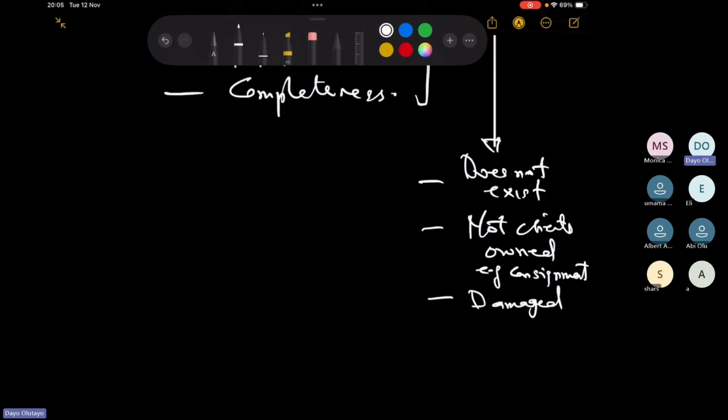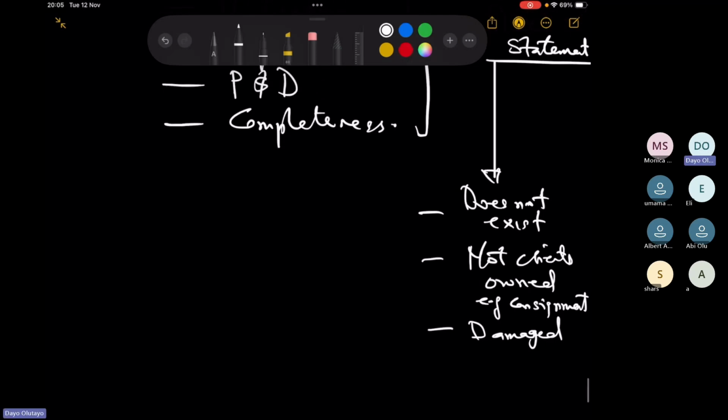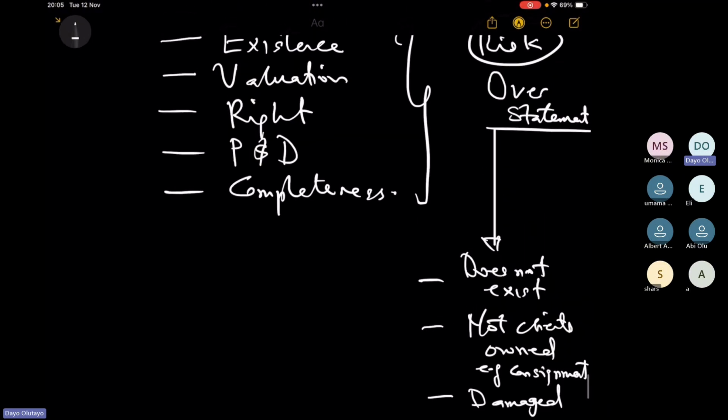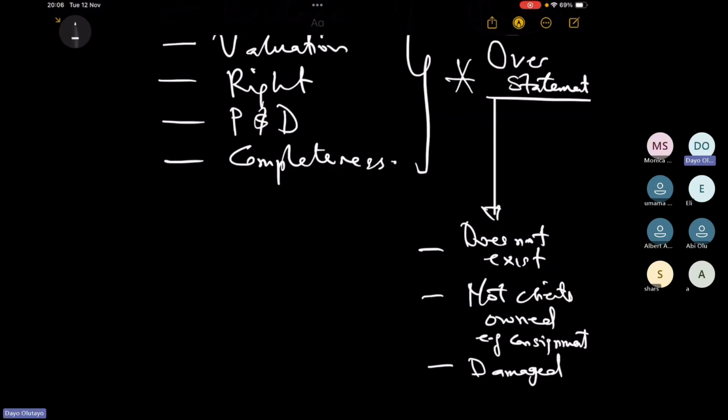So in that case, the value of that inventory should be lower. But the clients will not want to show all of this because they want to overstate their inventory. They want to look good. Yeah. And you don't ever trust your clients. You must always do your audit procedures to check all those assertions.